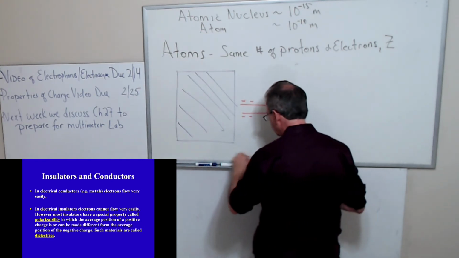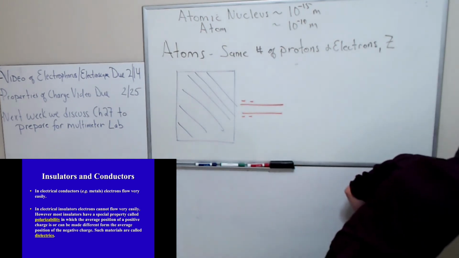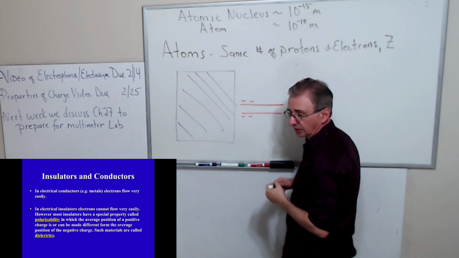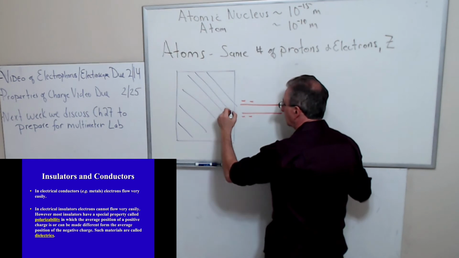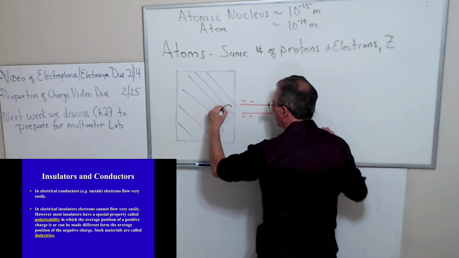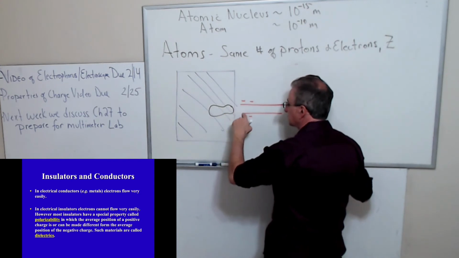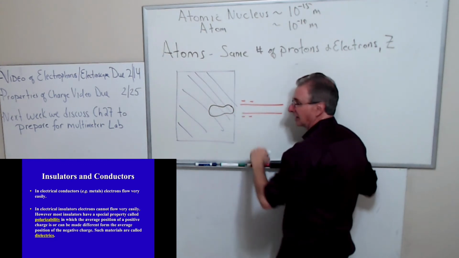And let's focus on one of the atoms or one of the molecules that make up this material, whatever it is, wood, a wooden block, whatever. If I do this, then the electric charge in the molecules are not going to like this negatively charged rod.